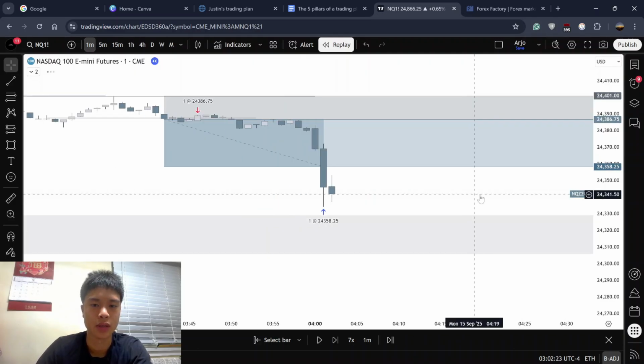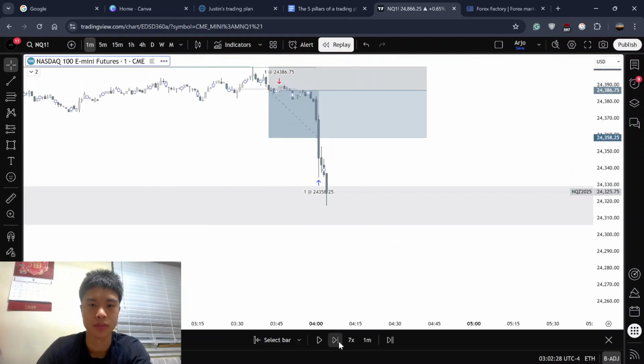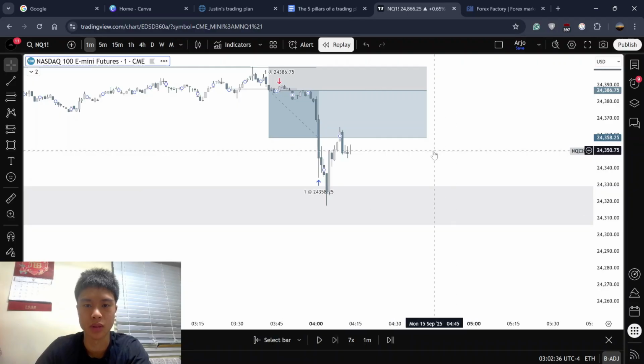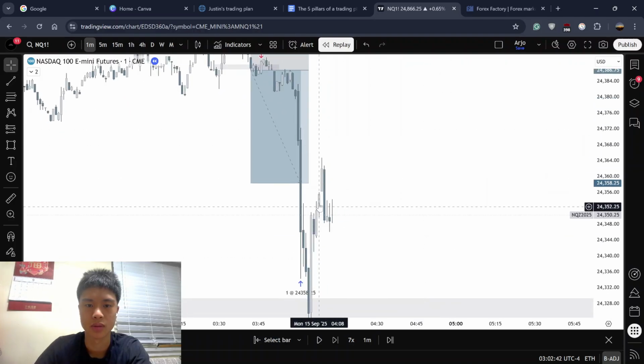Now let's see if there are any clean 1-minute inversion fair value gaps as this plays out. Okay. We chop around, we chop around. Nope, no clean inversions yet. This is the only inversion that I would be interested in right here, but we haven't inversed that gap yet.